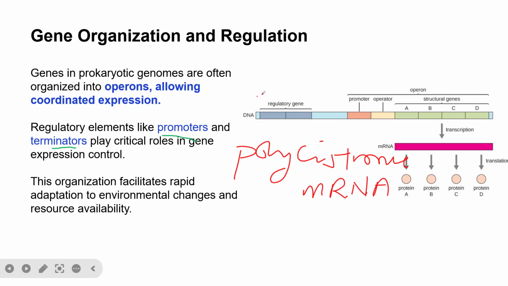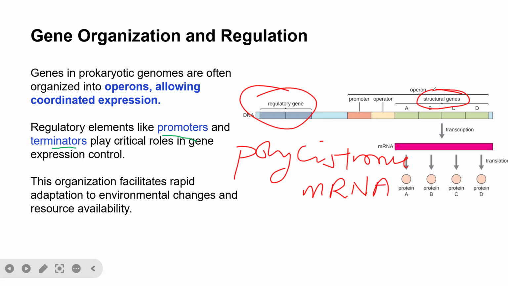And this is the regulatory gene. That is the site where the genes can be regulated. So all these genes, A, B, C, and D, can be regulated together. And these are the structural genes. They are called structural genes because they are genes that maintain the structure of something, maybe a cell or something in the body or in the prokaryotic organism.